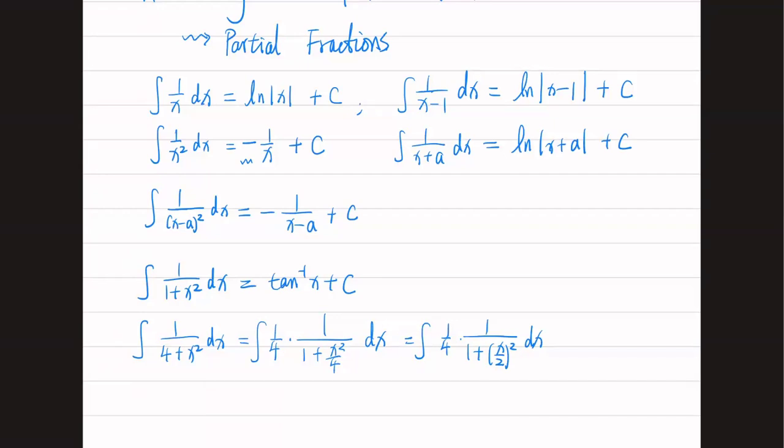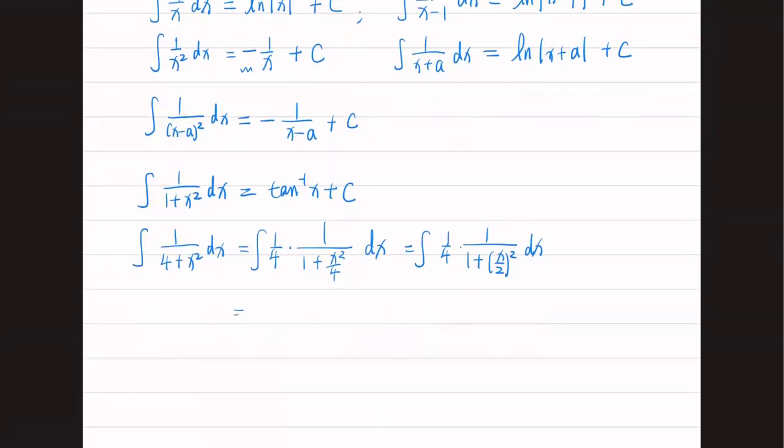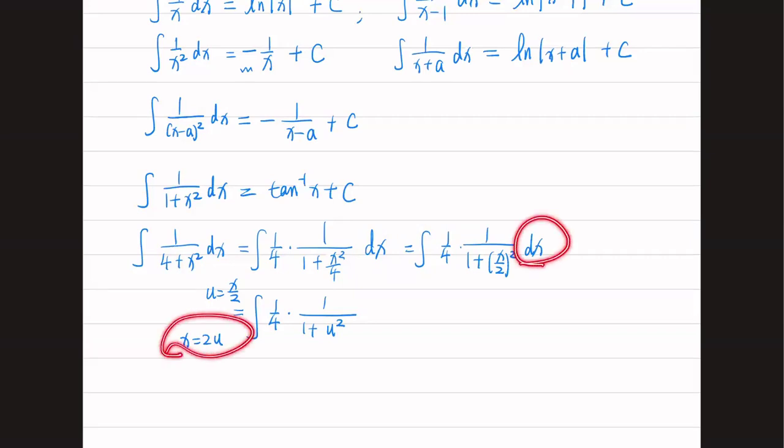Then we use substitution. In this integral, 1 plus something squared, we get arctangent of that thing. So if this will be u, then x equals 2u. What's dx in terms of u, Sakina?